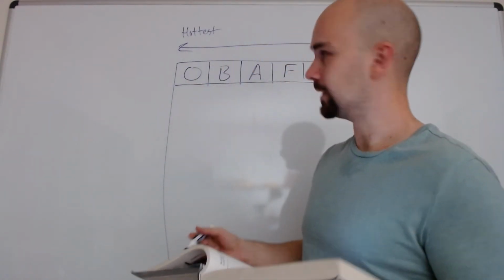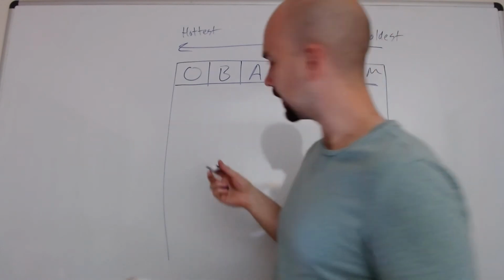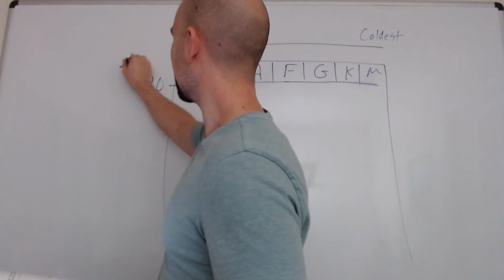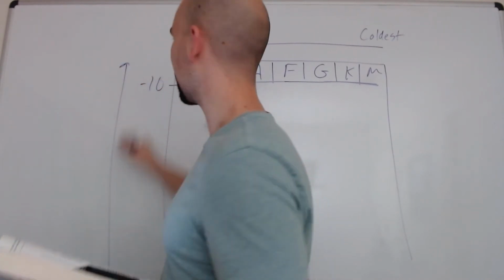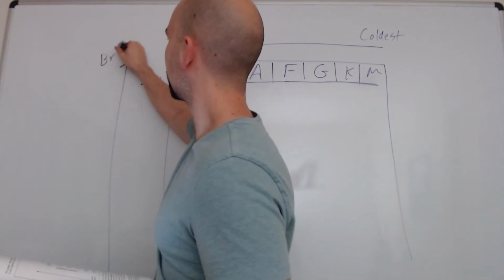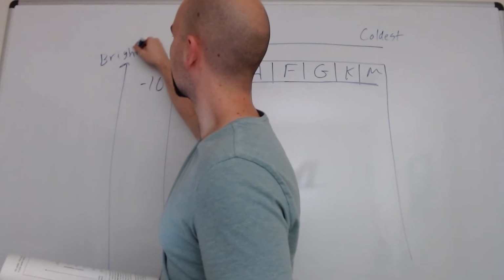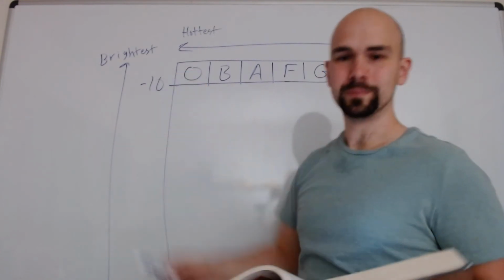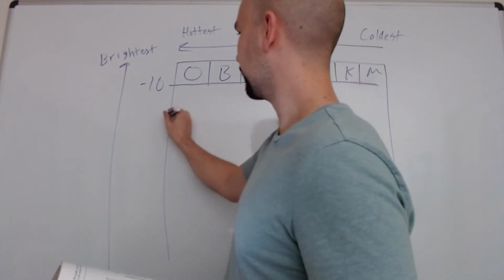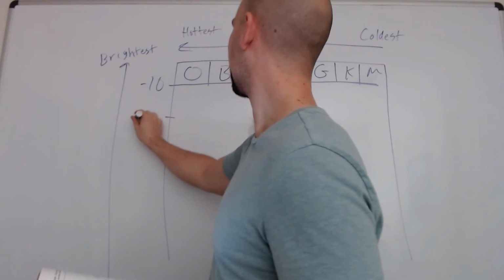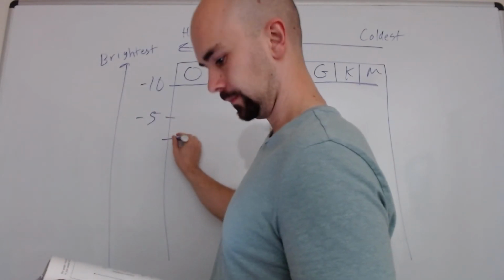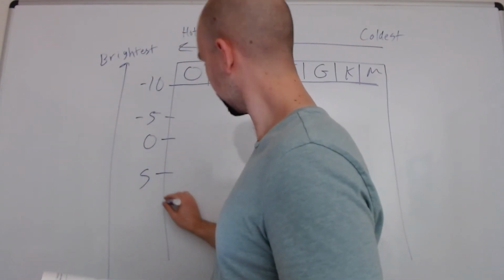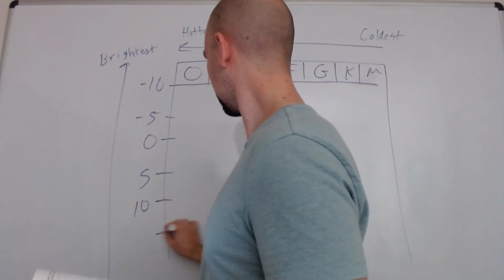And also we can use the absolute magnitude of stars. So this is going to be going to the brightest. So the hottest and brightest stars are going to be up in this corner. So -10, -5, 0, 5, 10, 15.